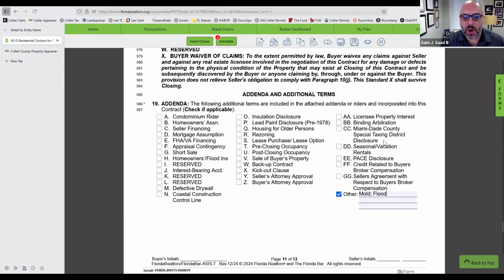Now, it's very important that you check these boxes for, oh, here it is. There's the flood one. Okay. It's very important that you check these boxes, because if you don't check the box, you did not include the addendum with the contract. It's not effective. There is case law on this, and you will be in realtor jail for failing to include a required addendum.